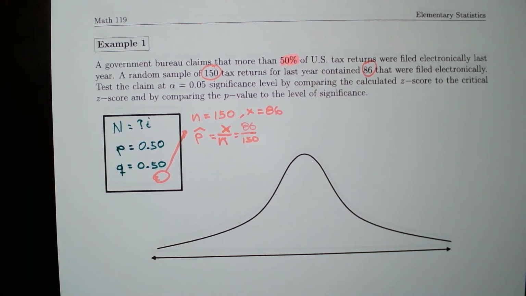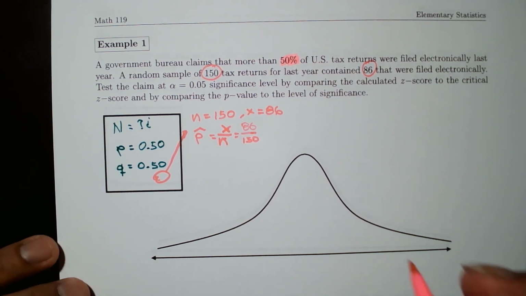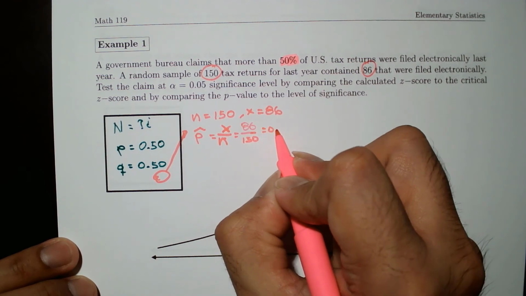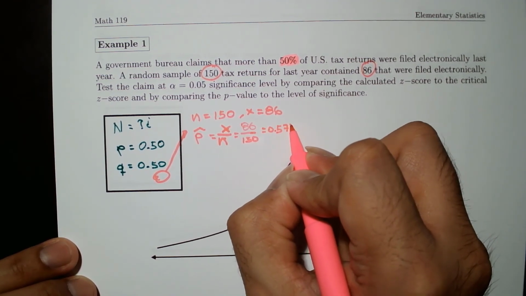Using a calculator, 86 over 150, I get 0.573.